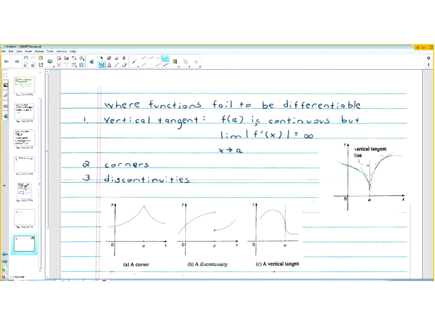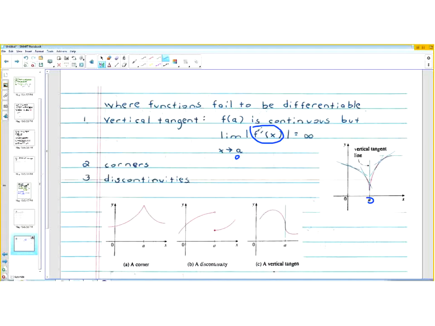If this were the absolute value function and a were 0, this limit would not be infinity, it would not exist. So if you encounter a situation where the limit as x approaches a of the derivative is infinity, that is, if the derivative produced an infinite result in a limiting process, you would have a vertical tangent. That's how you identify them. So in this case, we don't consider the function to be differentiable at x equals a.